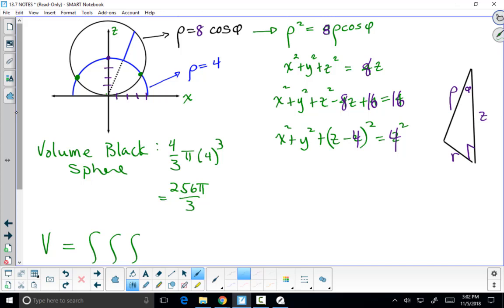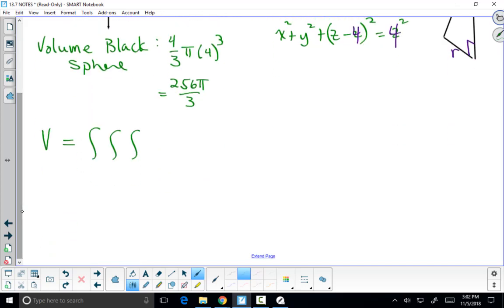So the inner surface is rho equals 4. The outer surface is rho equals 8 cosine phi. Because we're in spherical, we have a rho squared sine phi here, and then d rho d phi d theta. And then phi is going to go 0 to what?